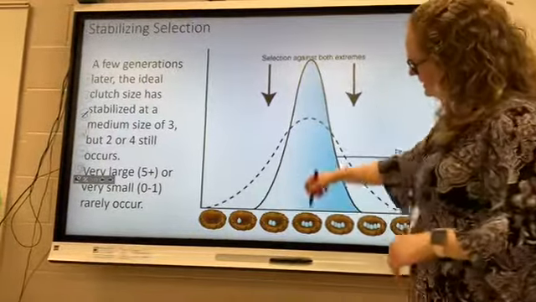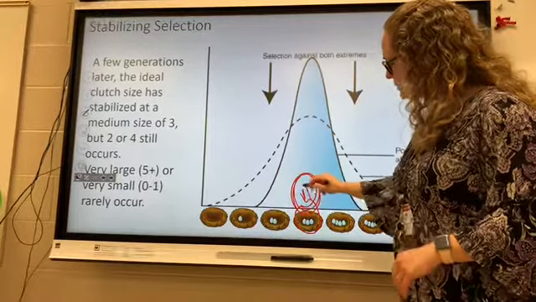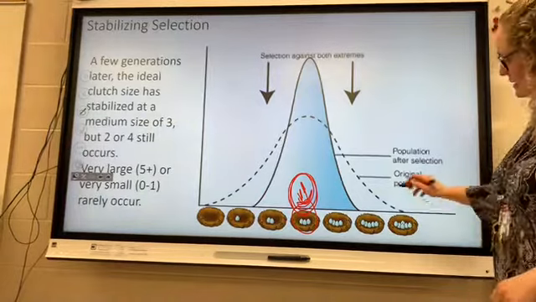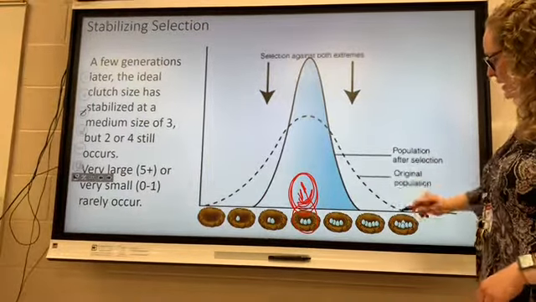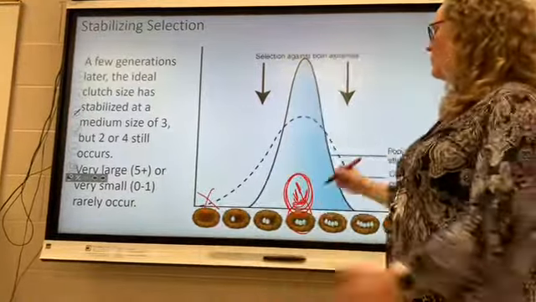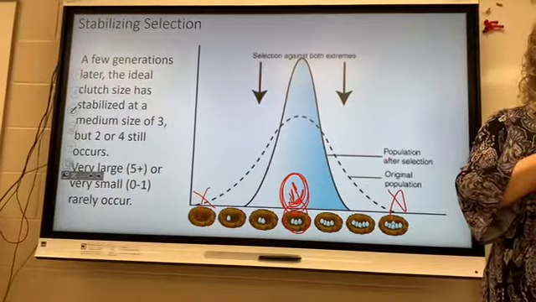We focus, this is the ideal. That is the best possible option, okay? This is just not gonna happen, all right? This isn't gonna happen. So that stabilizing selection, okay?